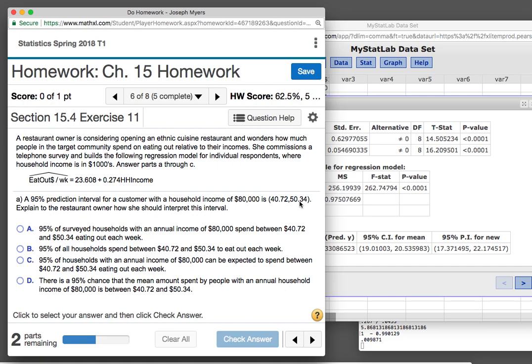So it means there's a 95% chance that the mean amount spent by people. It's an annual household income.